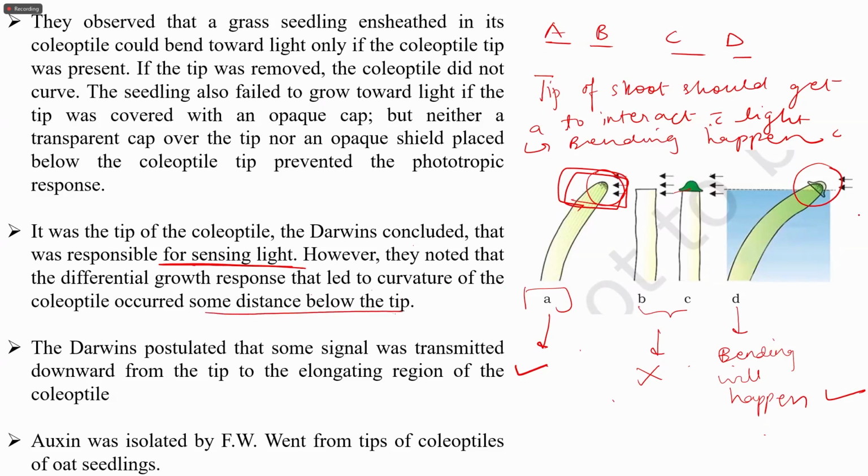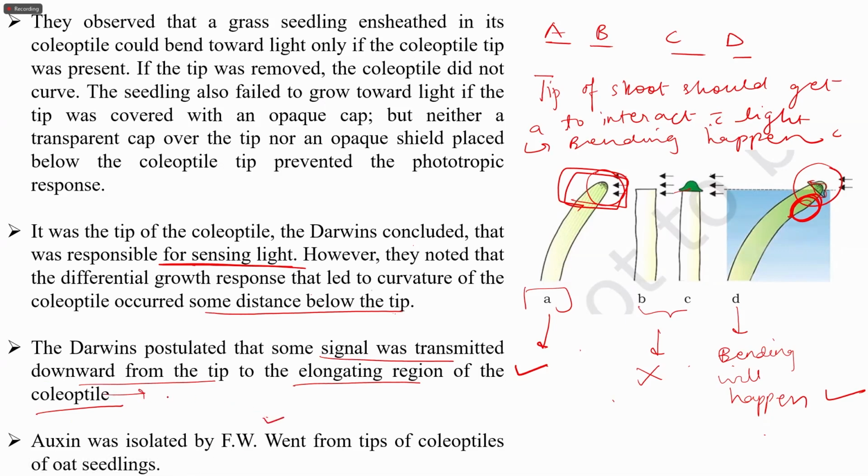So Darwin postulated that some signal was transmitted downward from the tip to the elongating region of the coleoptile, and auxin isolated.